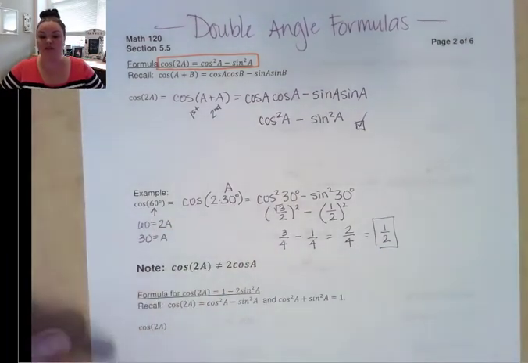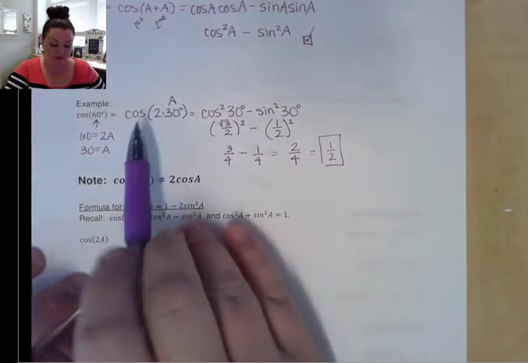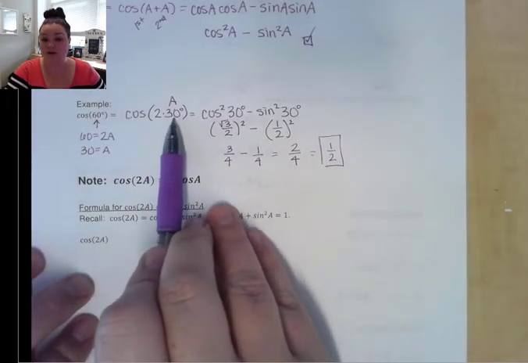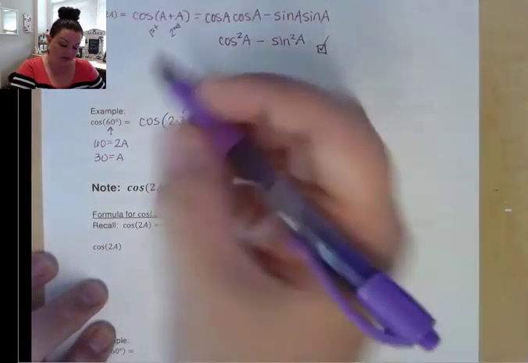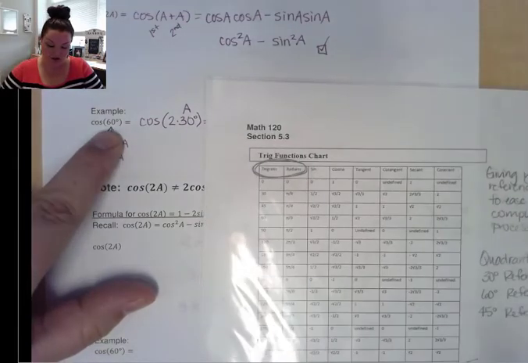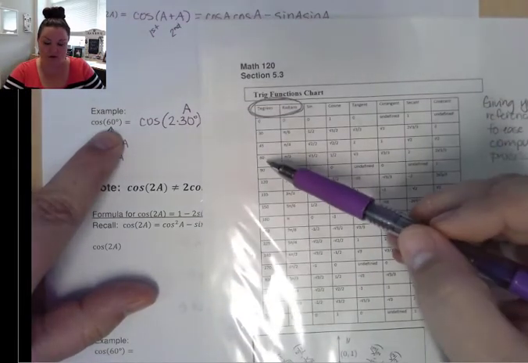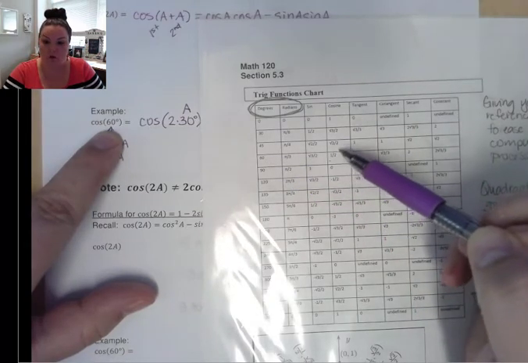So we're really just verifying that this formula works. We used cosine of 2 times a 30-degree angle to show that this is equal to 1/2. Now notice, if you look up cosine of 60 degrees on our chart, the cosine value is in fact 1/2.